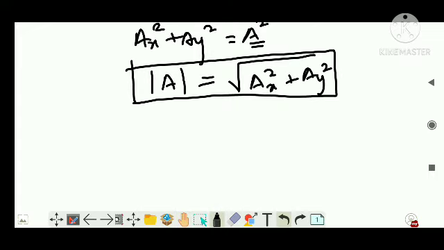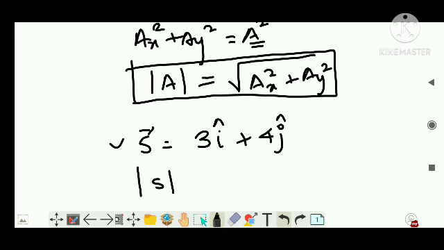If you're given the S vector, 3i plus 4j, and you are asked what is the magnitude of this vector, what would you do?